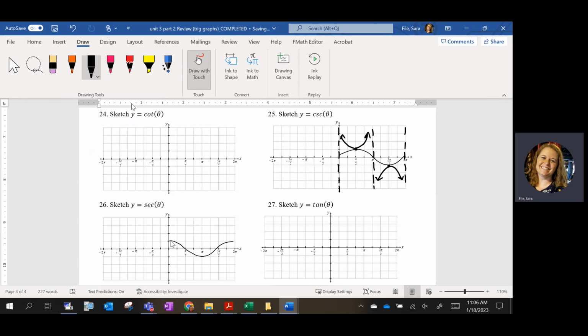Instead of facing each other, these curves are facing out. They're flipped over. Now this would continue over here, we just don't see it. Same thing, this would continue on the negative side. And wherever cosine was touching the x-axis, there are asymptotes.